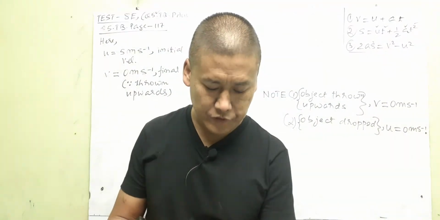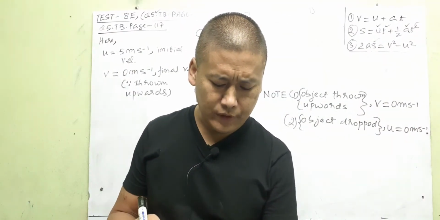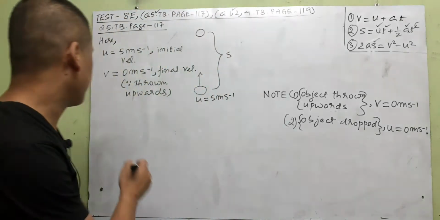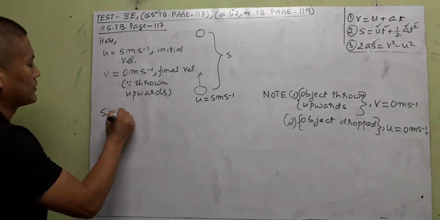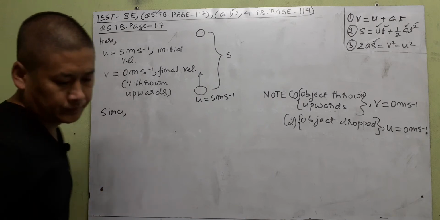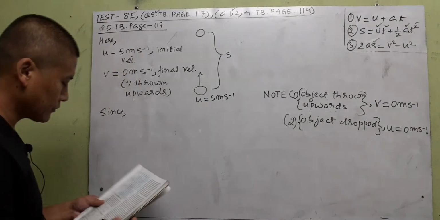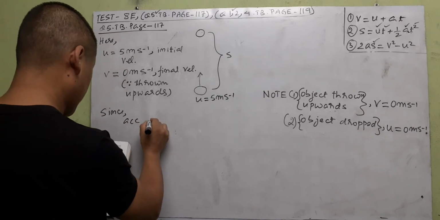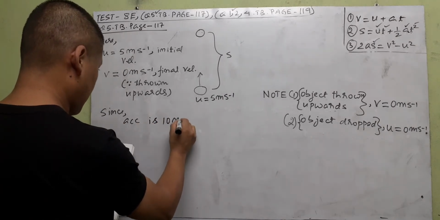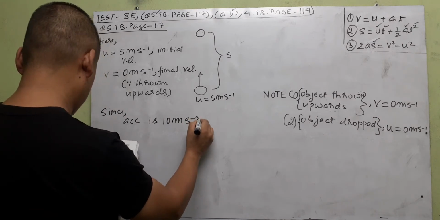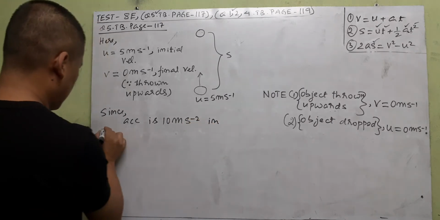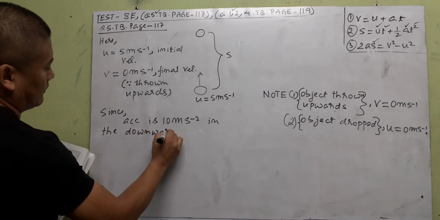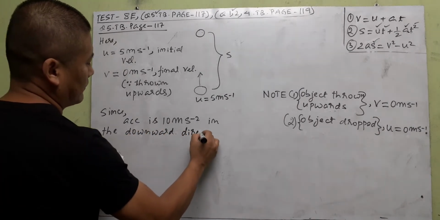If the acceleration of the stone during its motion is 10 meters per second square in the downward direction, let's write that for understanding. Acceleration is 10 meters per second square in the downward direction.